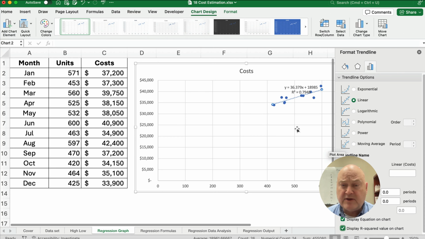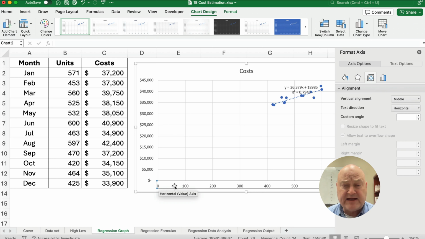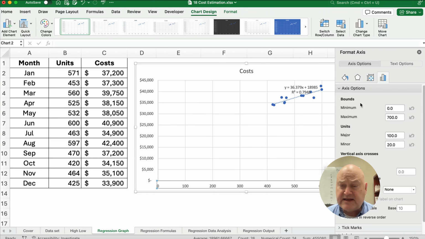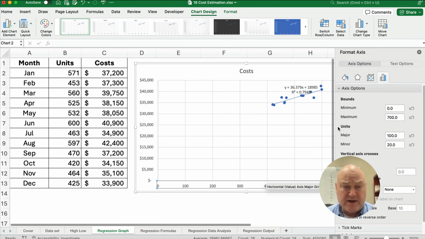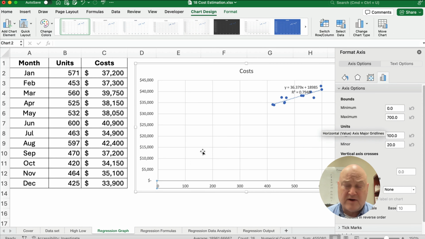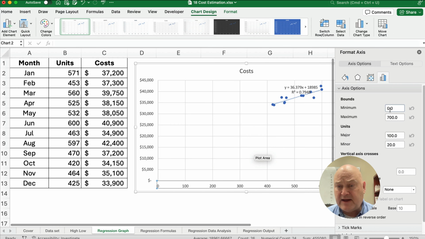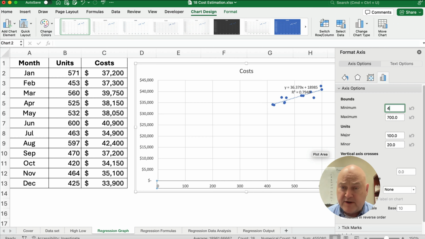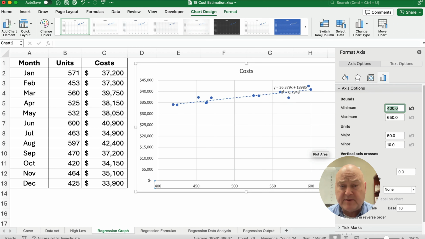I'm going to close out on that, and I'm going to select all these, going from 0 all the way to 600, and I'm going to say I want my minimum to be like 400. I don't want so much blank space on the left, so I'm going to make my minimum 400, and this will tighten this up a little bit.